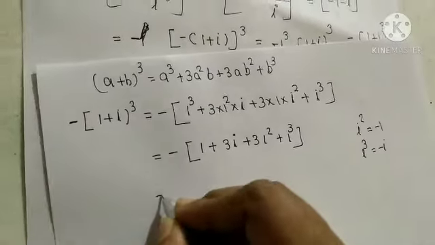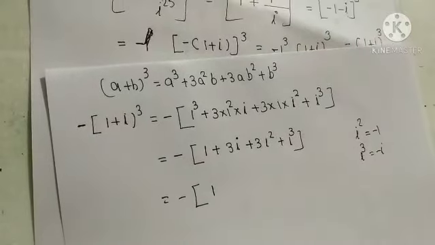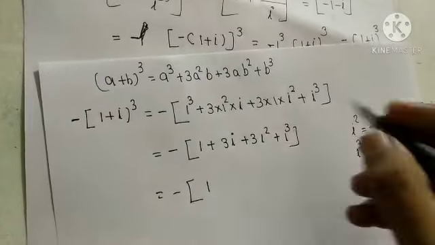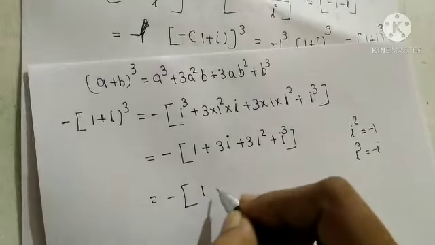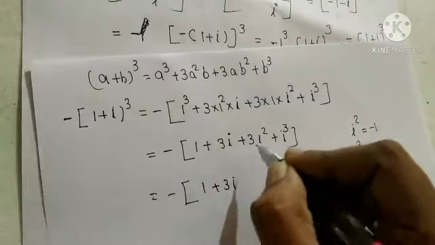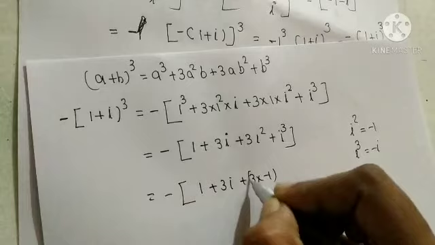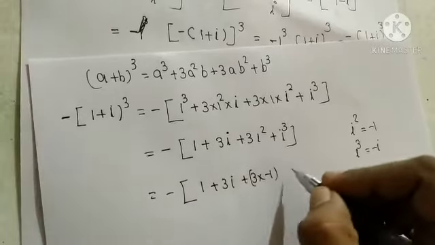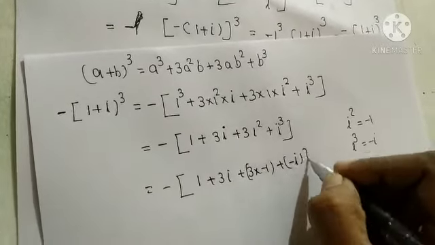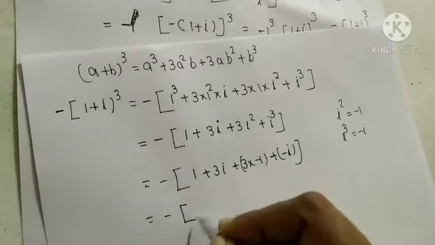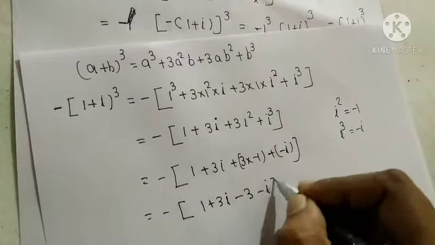So replacing this i square by minus 1 and i cube by minus i, it will become 1 plus 3i plus 3 into minus 1, plus minus i. The next step will be 1 plus 3i minus 3 minus i.